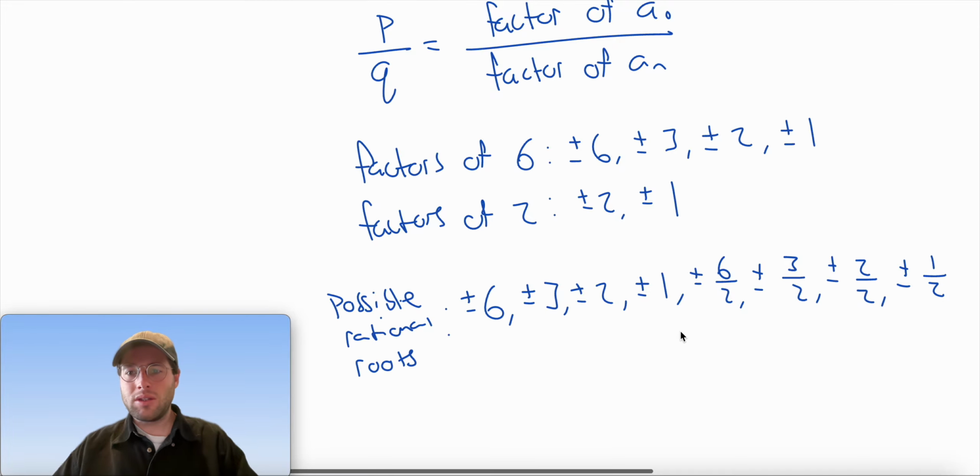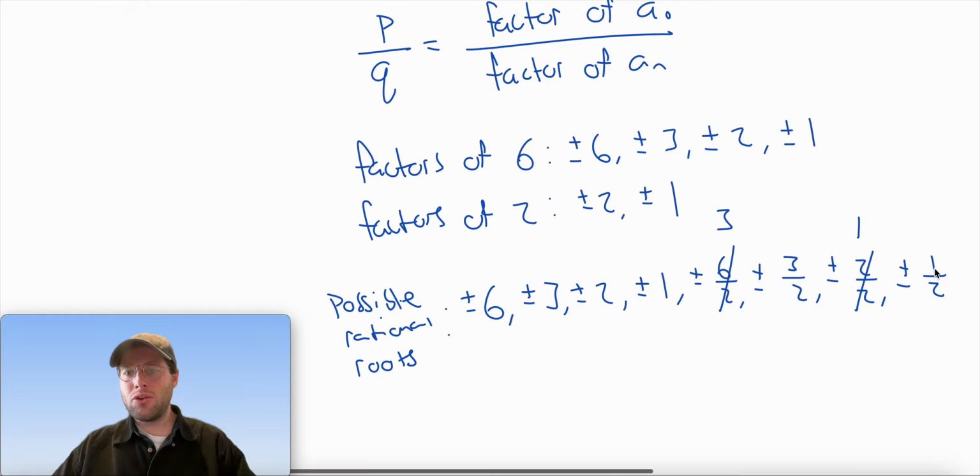We can reduce this list by seeing that 6 over 2 is the same thing as 3, so we can take that out. The 2 over 2 is just 1. Those are 3 and 1, and we already have those there.